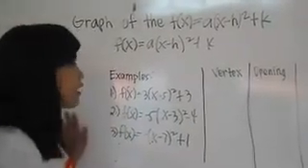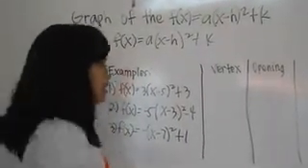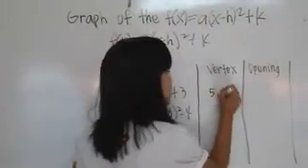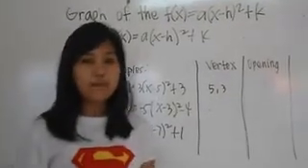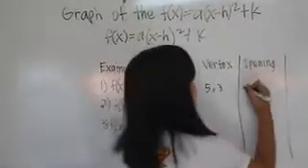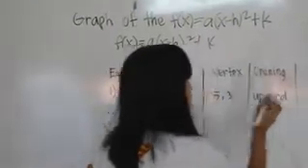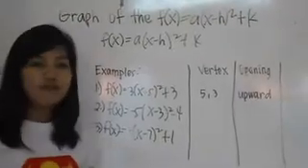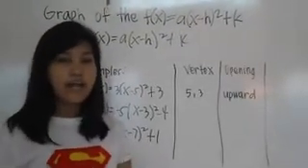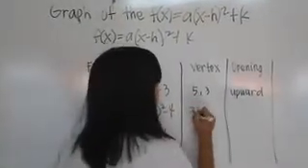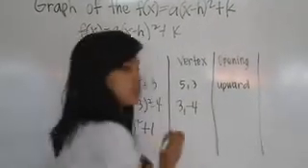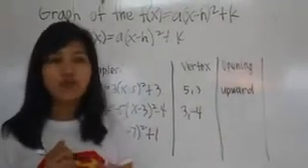In example number 1, the vertex is (5, 3), so the opening of the graph is upward. In number 2, the vertex is (3, negative 2), so the opening of the graph is downward.